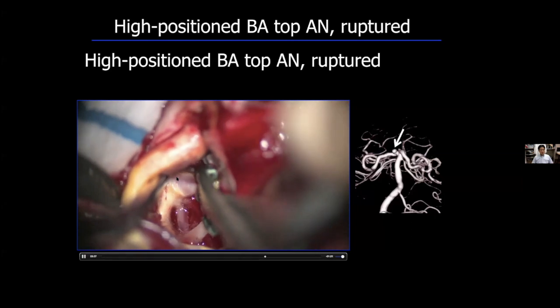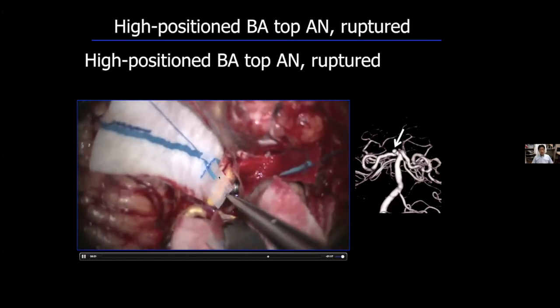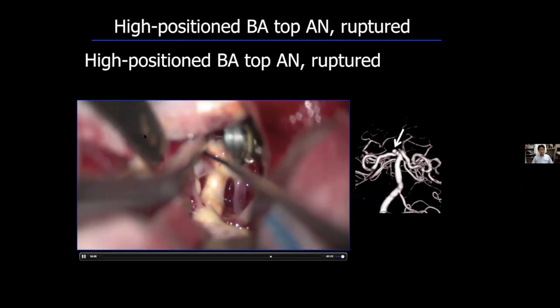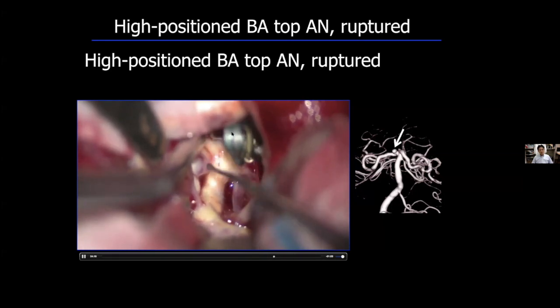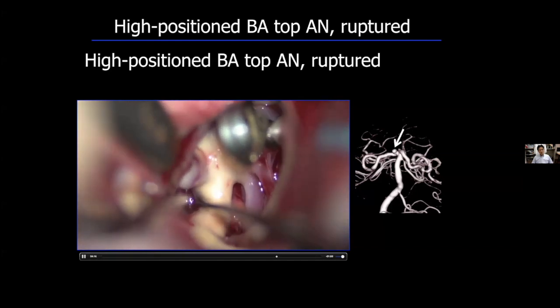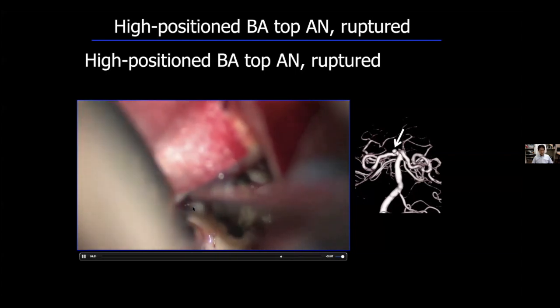And then I apply the temporary clip, and I also protect the ICA, and I put the retractor here. Now I could use both hands, and I'm exposing the neck. This is a perforator, and now I'm checking there is no perforator around the neck.